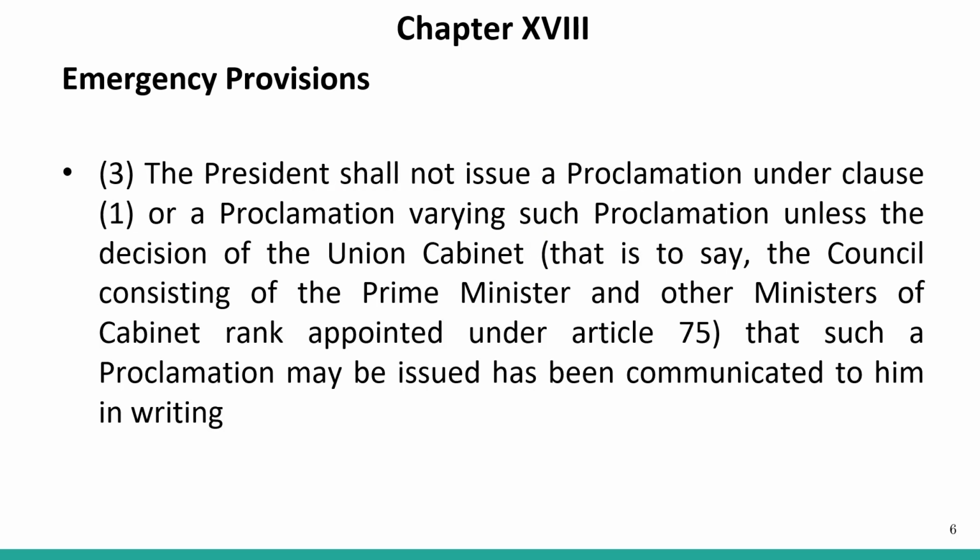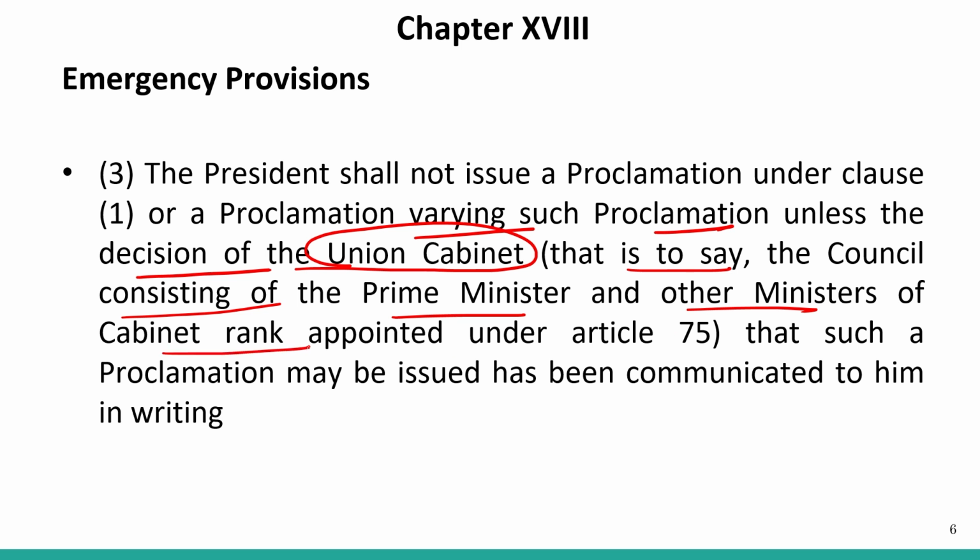Okay, and the president shall not issue a proclamation under clause 1 or a proclamation varying such proclamation unless the decision of the Union Cabinet, that is to say the council of ministers consisting of the prime minister and the other ministers of cabinet rank appointed under article 75, that such a proclamation may be issued has been communicated to him in writing.